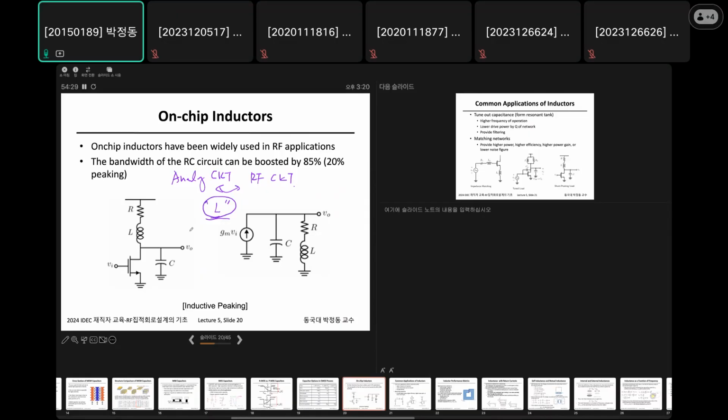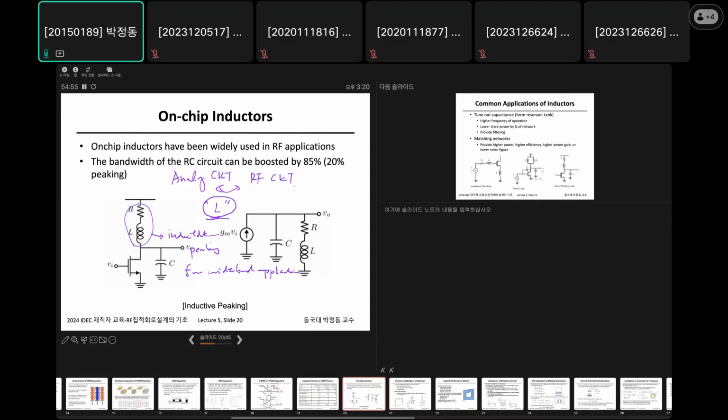Okay, especially the most widely used application for the inductor is inductive peaking. This is inductive peaking for wideband applications.